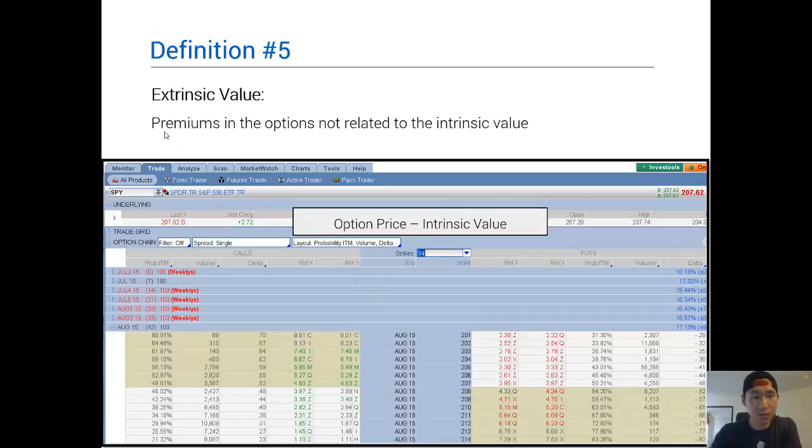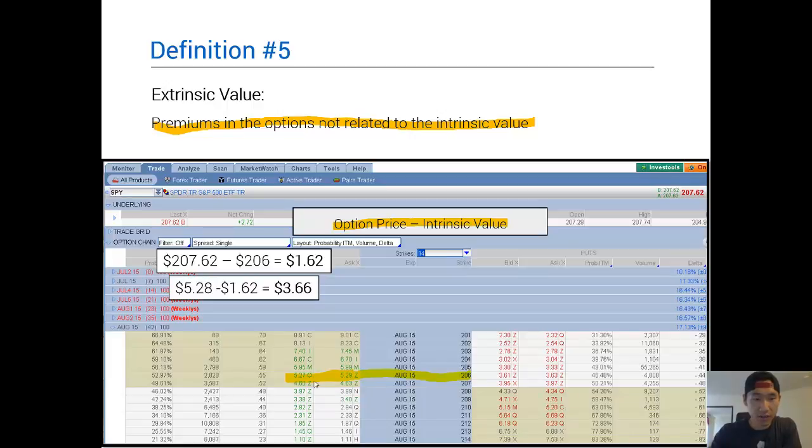It's the premium in the option that is not related to intrinsic value. So it's the option price minus the intrinsic value. On the call side, we had an intrinsic value of $1.62 for the 206. You can see that the 206 call is about 5.28, which is the mid price, the average of the two.